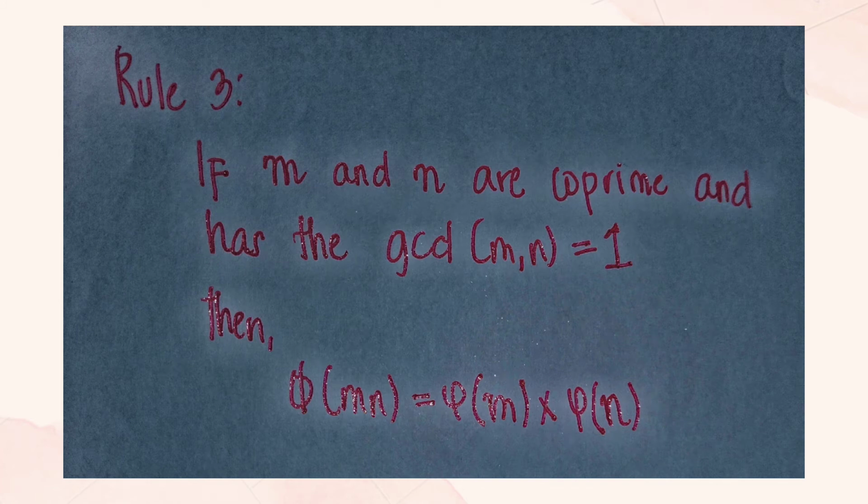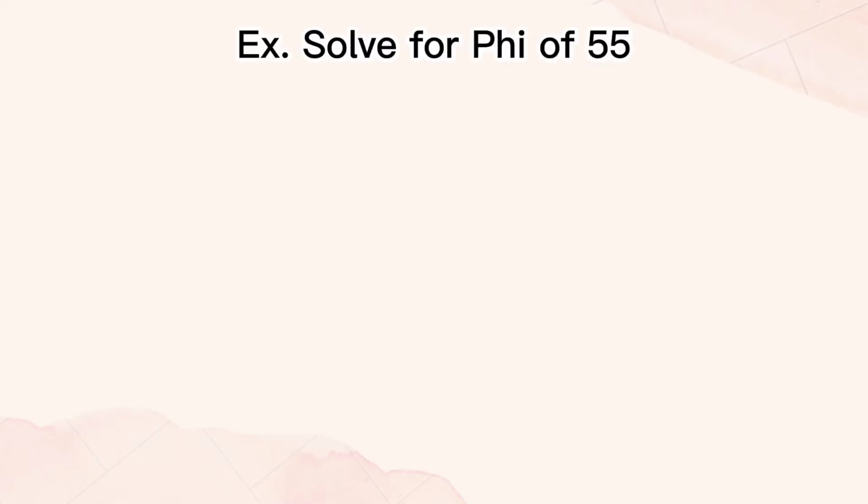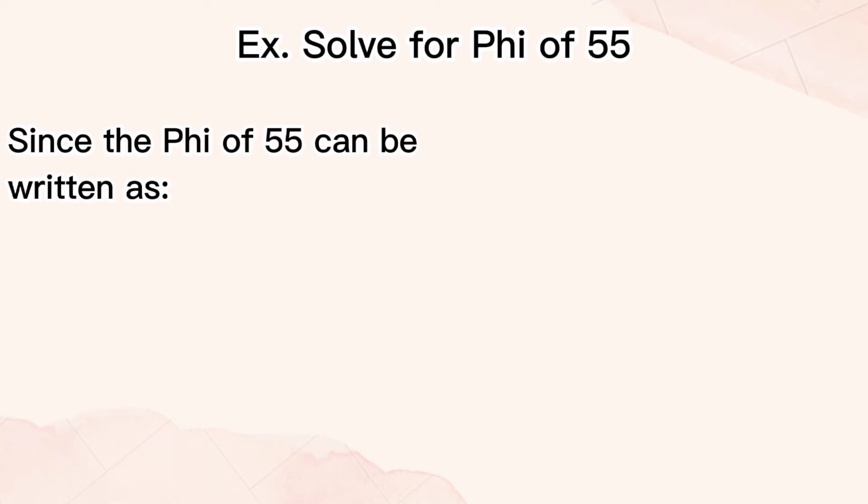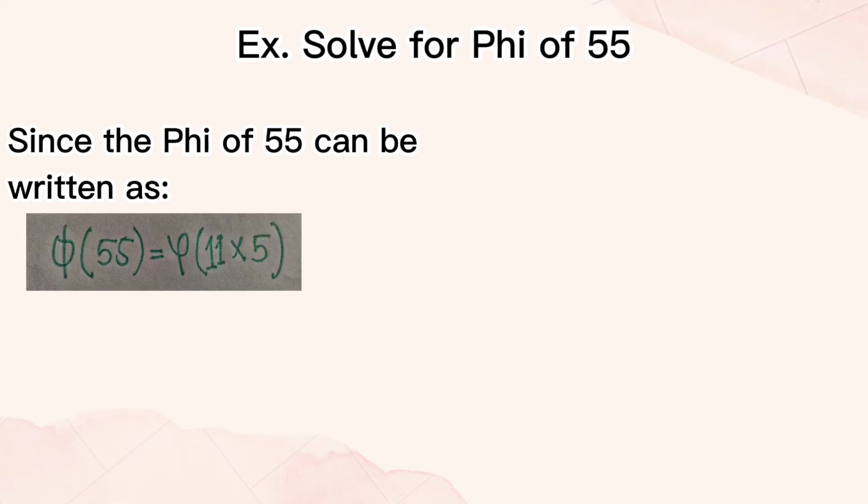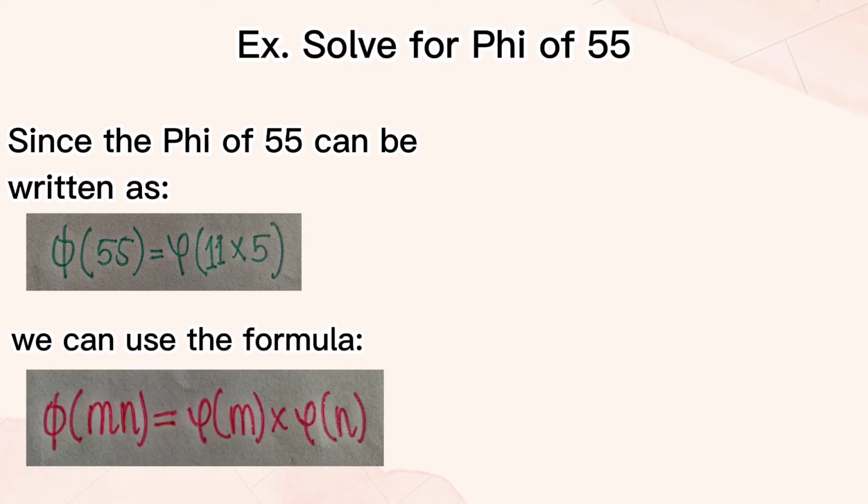Rule number 3: if m and n are coprime and have the greatest common divisor of 1, then the phi of m times n is equal to the phi of m times the phi of n. Rule number 3 example is to solve for the phi of 55. Since 55 can be written as 11 times 5, which is the product of two prime numbers, we use the formula phi of m times n is equal to phi of m times phi of n.